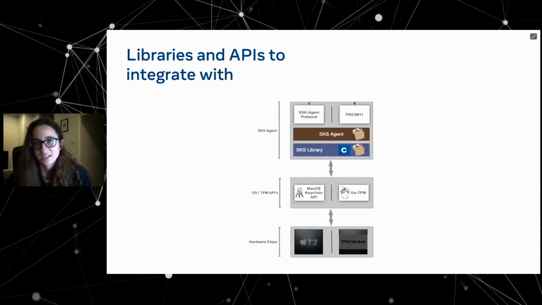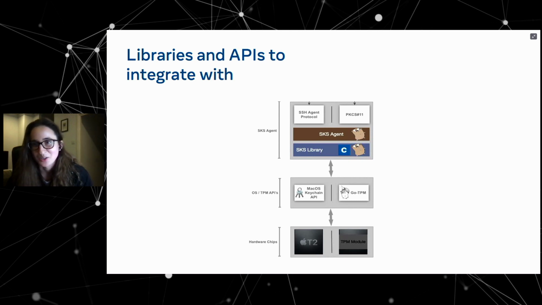Above these APIs and at the bottom of the SKS agent stack lives our SKS library. We're in the process of open sourcing this, but not quite there yet, so it'll be available soon. As a reminder, SKS stands for Secure Key Storage, and this library acts as the heart of the operation and is a generic Go wrapper for the different operating systems, which, yes, means compiling CGO for macOS releases.